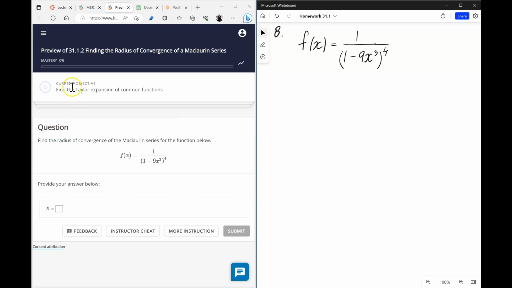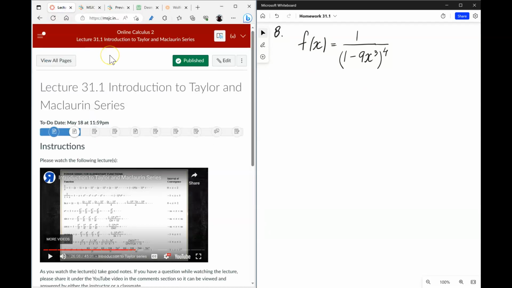When looking at this question, let's acknowledge that we're not asked to find the interval of convergence, we're asked to find the radius of convergence. And what we would use here is this: 1 plus something to the power k is equal to 1 plus whatever. So we're not looking at that. What we're looking at is this condition: the absolute value of that something must be between -1 and 1.